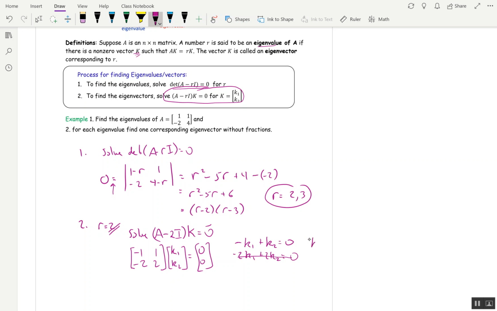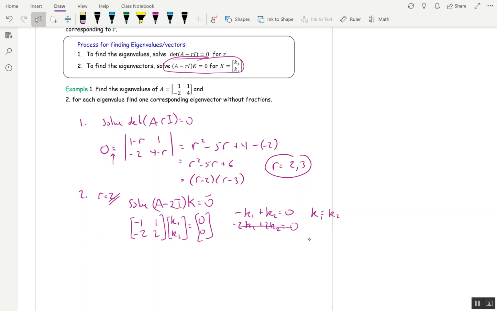So I'm going to solve for k1 in terms of k2, and I get k1 equals k2. So a typical solution looks like big K equal K1, which is K2, K2, for any K2. I want one vector without fractions, so I'm just going to take the simplest value of k2 I can think of.